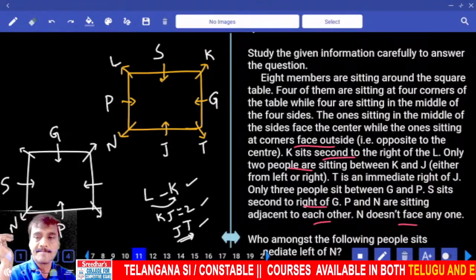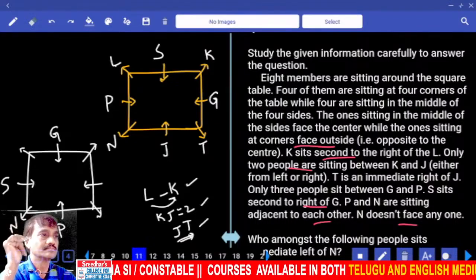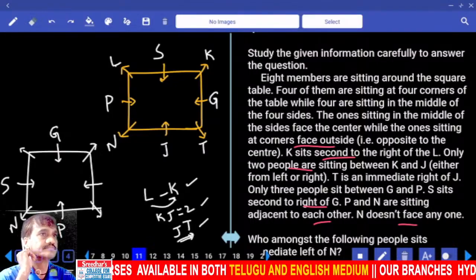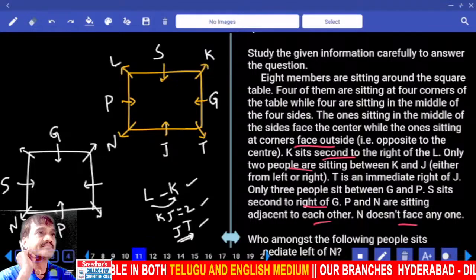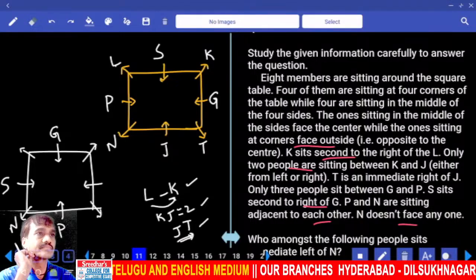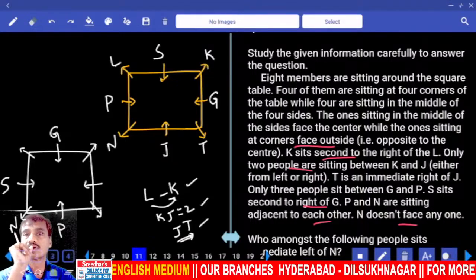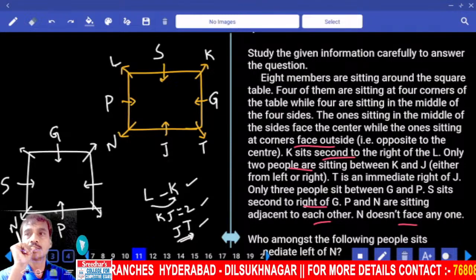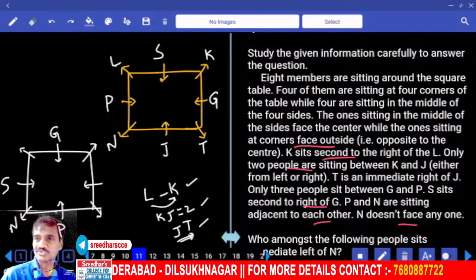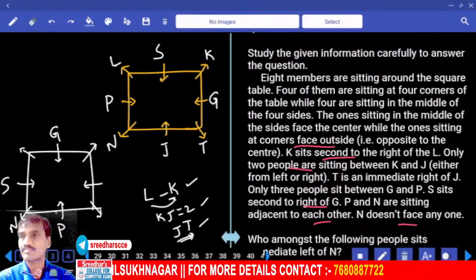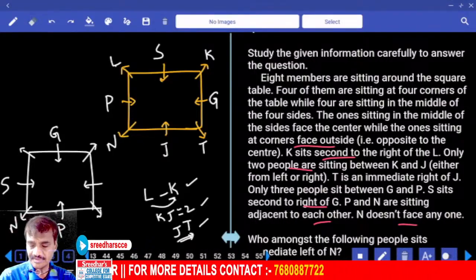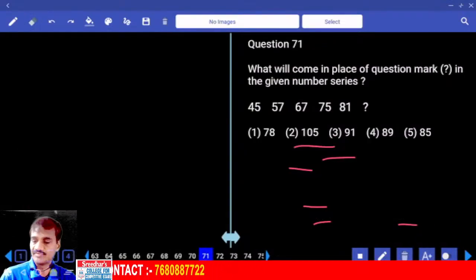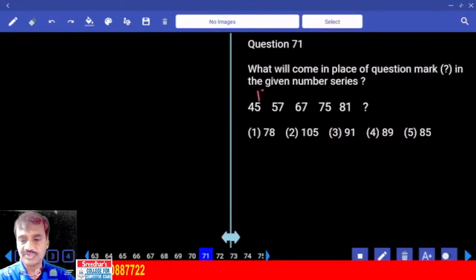Now next one. Number series. Question number 71. 45, 57: the difference is how much? 12.